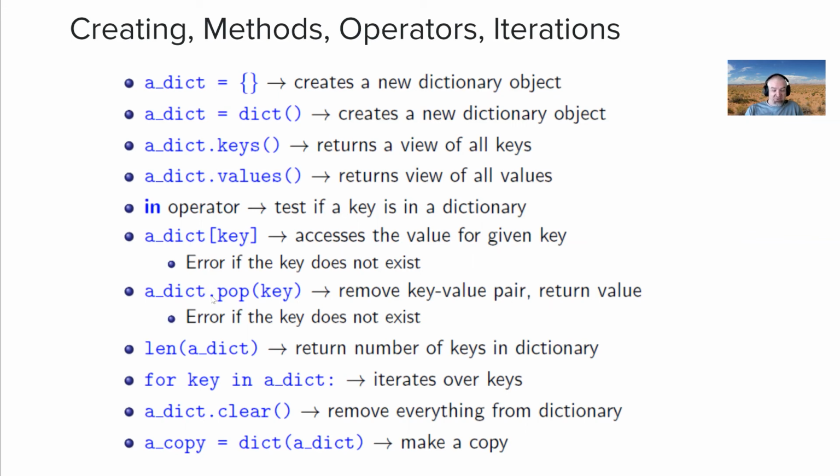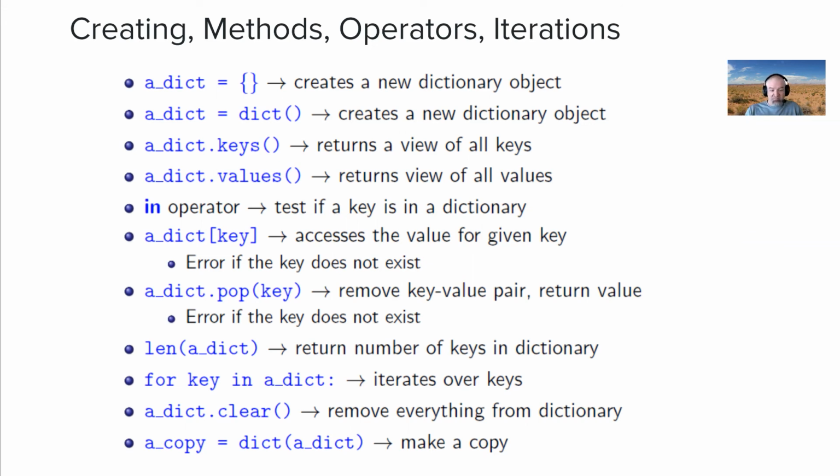And here, one important distinction between this and the list version of pop is you need to have an argument. If you just pop with no argument, it'll throw you an error because you need to tell it which key value pair to remove. It's not going to necessarily remove the last one. I think that's a holdover from when dictionaries were not sorted. You would never know which one was the last one.